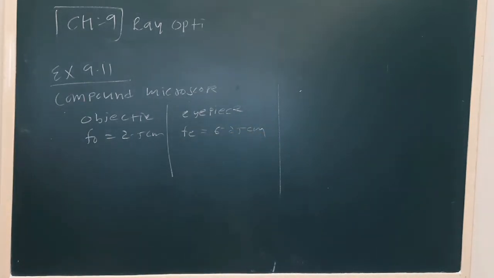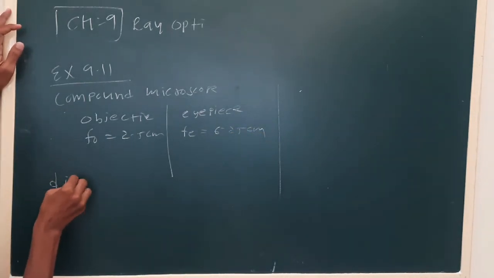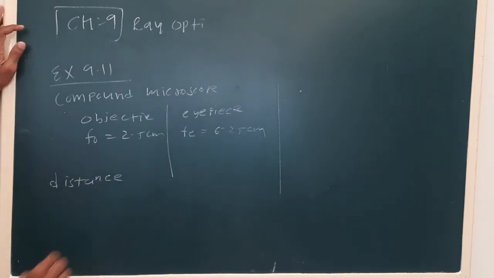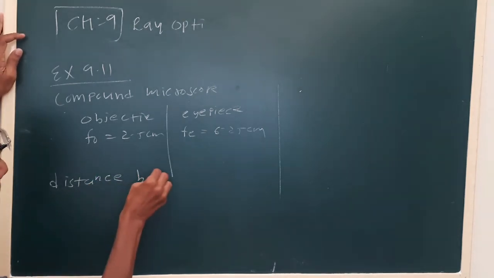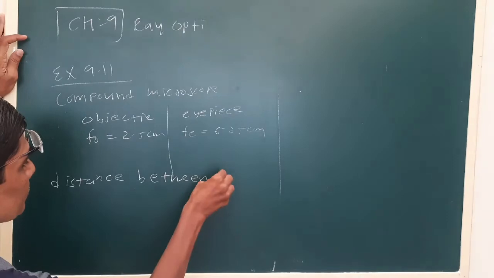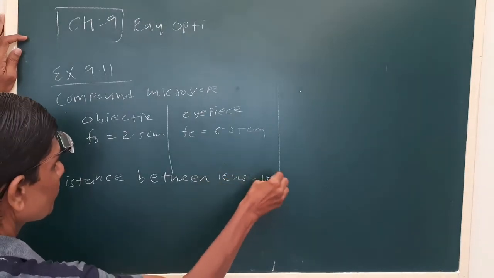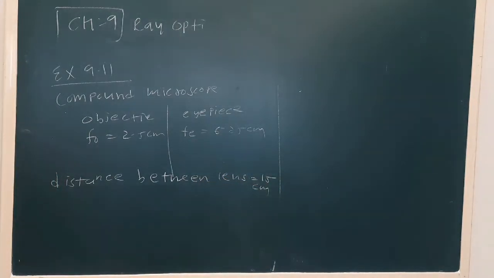Now the distance between the lenses is 15 centimeter. What should be the initial objective distance so as the image forms?